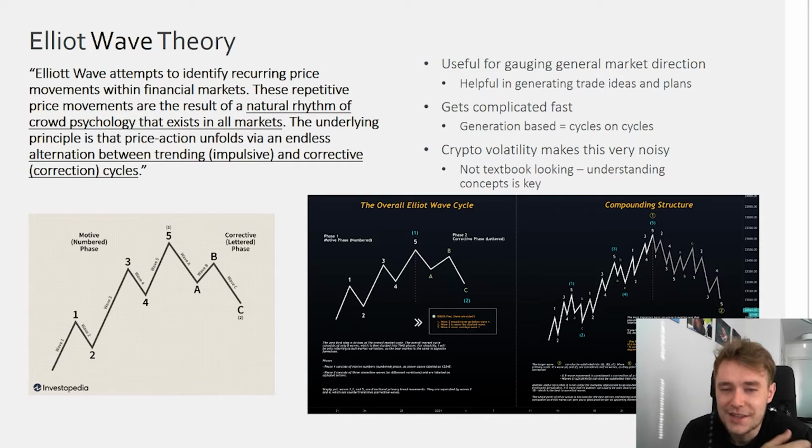So you see these psychological moves playing over and over and over again, and that's where Elliott wave comes into play. So it's useful for getting a general idea of where you might be in this market cycle.